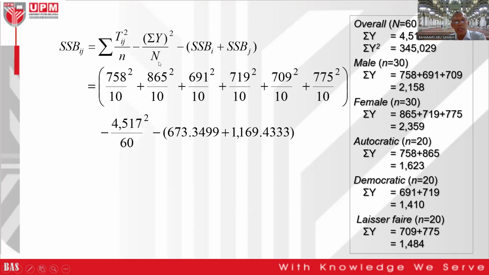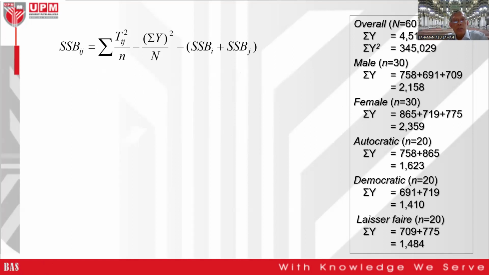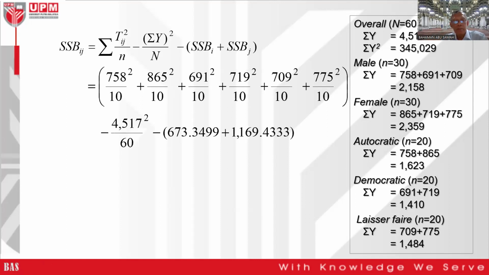summation y squared divided by n, which is the same value that we have earlier, and then minus sum square between for factor 1, which is gender, plus sum square between for factor 2, which is leadership style. Okay, that's right.